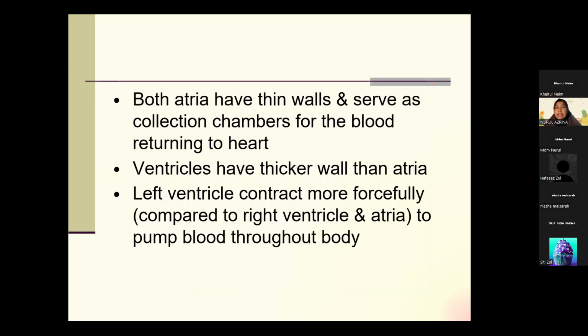Next, let's see the difference in terms of thickness of the wall between atria and ventricles, and the significance of having those different thicknesses. Both atria have thin walls, because they serve as collection chambers for the blood that returns back to the heart.